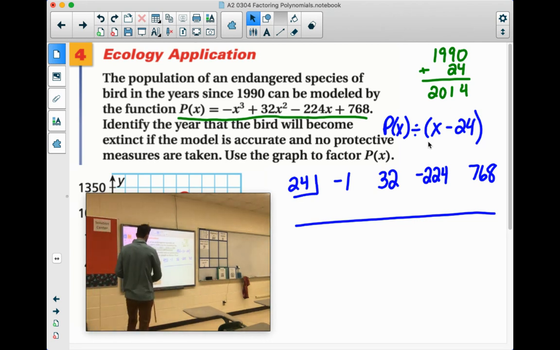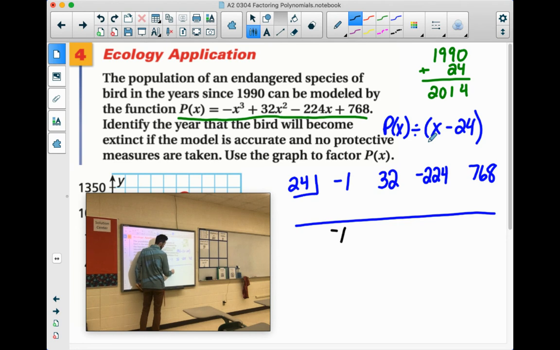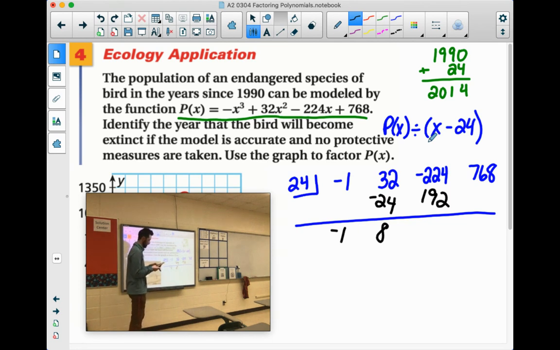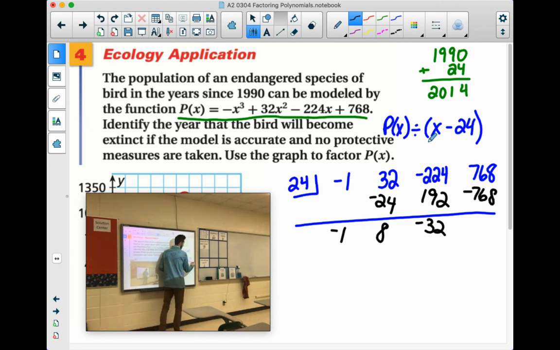So we bring down our first one, our negative 1. 24 times negative 1 is negative 24. 32 minus 24 is 8. 24 times 8, 192, minus 224 is negative 32. 24 times negative 32 is negative 768. Fantastic, which gives us a zero. So we know it's a perfect factor.